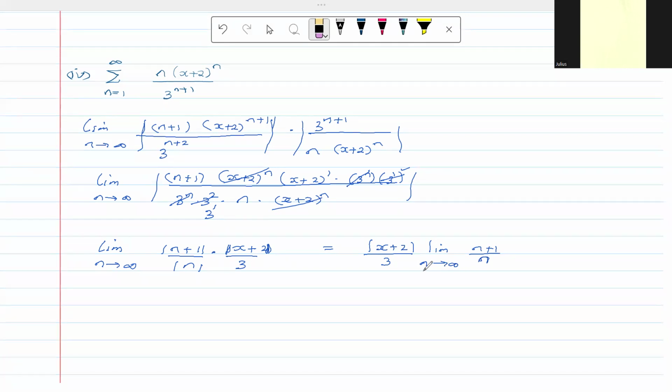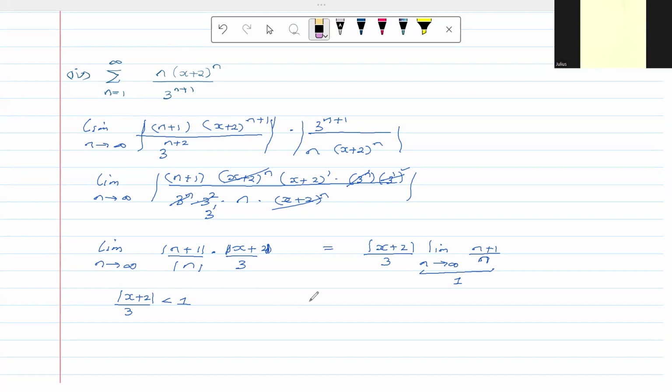And we find that as n gets bigger and bigger, the limit is equal to 1. Now we know, for this series to converge, x plus 2 over 3 has to be less than 1. That's the ratio test we know, that for it to converge absolutely, it has to be less than 1.